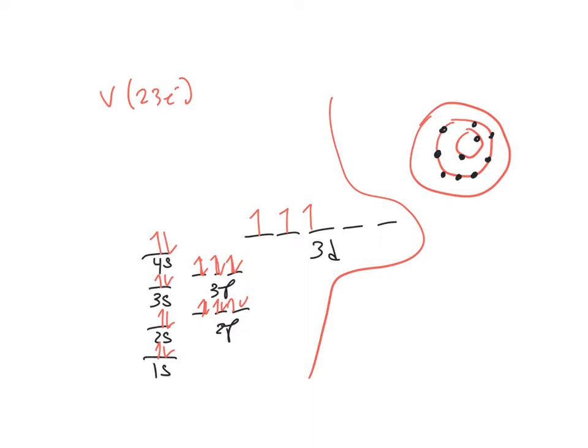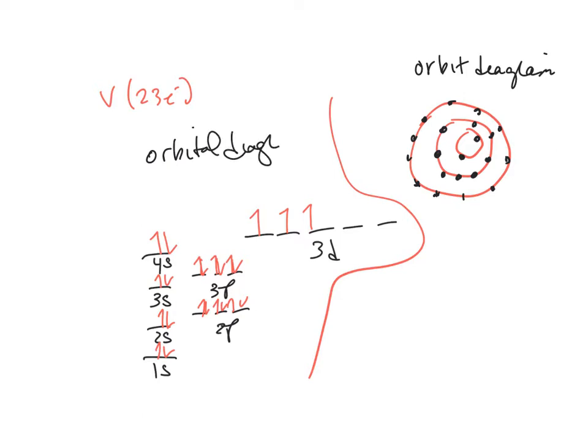And then you have n equals 3, and there's a total of 2, 6 is 8, and then 3 more, so it's going to be 11 out there. So 1, 2, 3, 4, 5, 6, 7, 8, 9, 10, 11, like that. This is the orbit diagram. And this is the orbital diagram.